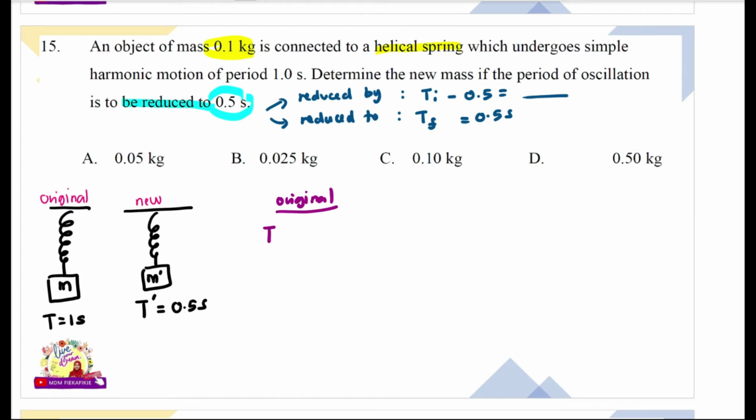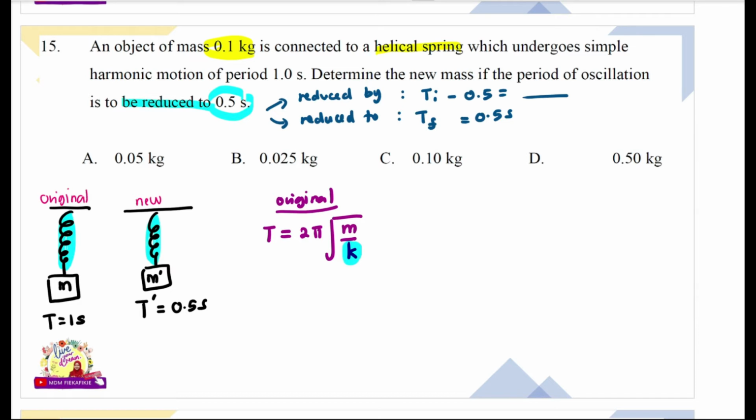Okay, where T, the period, relationship antara T and M, formula dia adalah T equal to 2 pi square root M over K. Dan ini adalah spring yang sama. Spring ini dengan spring ini adalah sama. So nilai K, which is the spring constant untuk kedua-dua case original dengan yang new tadi mesti sama.